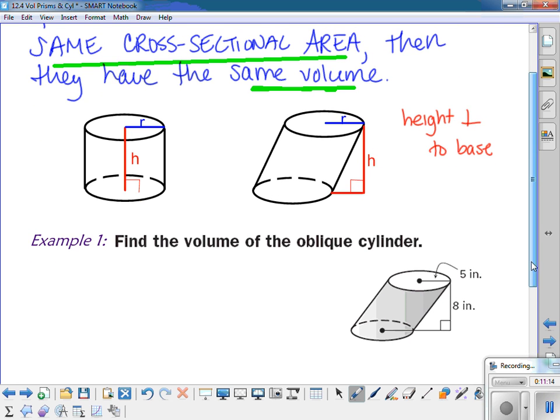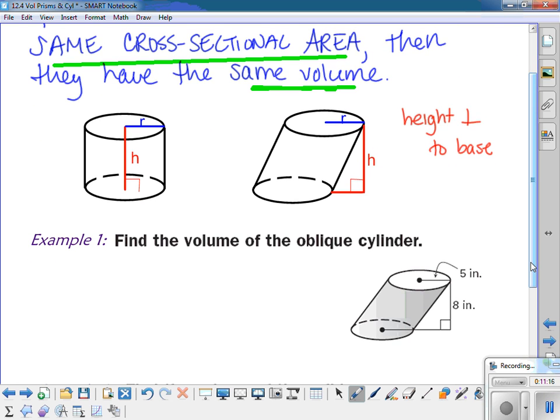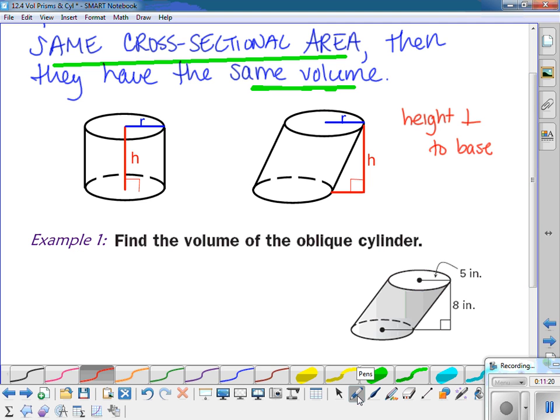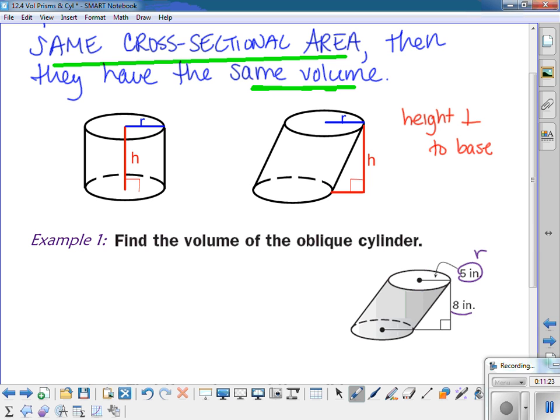So if we look here, we've got an oblique cylinder, and I have that the radius is 5 and the height is 8. And so I still can use pi r squared h, the volume, pi r squared, that's my area of my base, times the height.